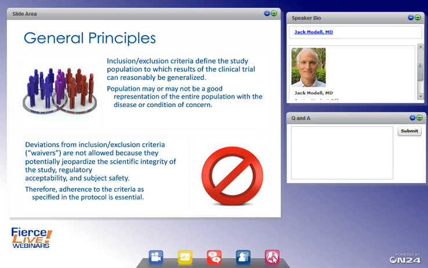There can be no deviations from it because, as the FDA has pointed out, once you start to deviate, I think the words of the FDA, we don't really know the population that you're studying. You say on inclusion-exclusion criteria that it's a certain population, but then you've made all these little deviations, and in the end, we don't know quite how to interpret this population.